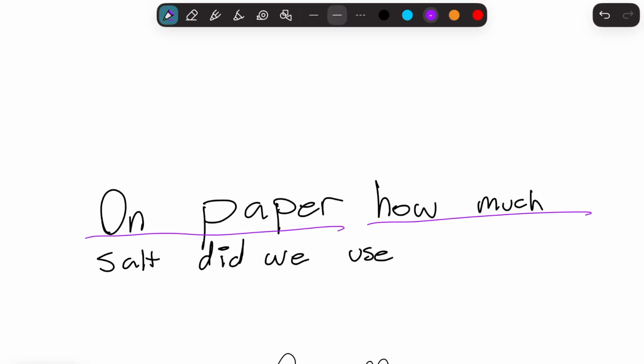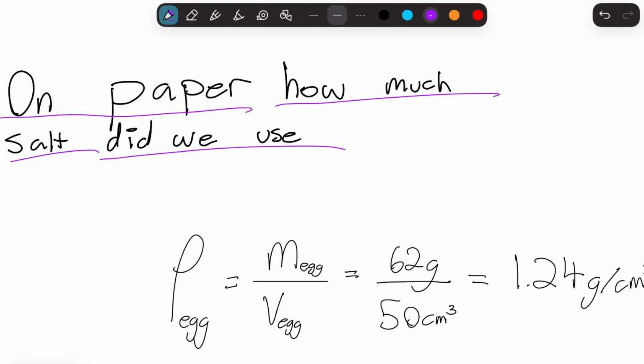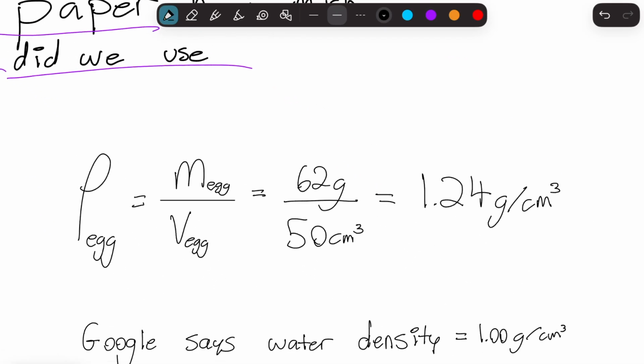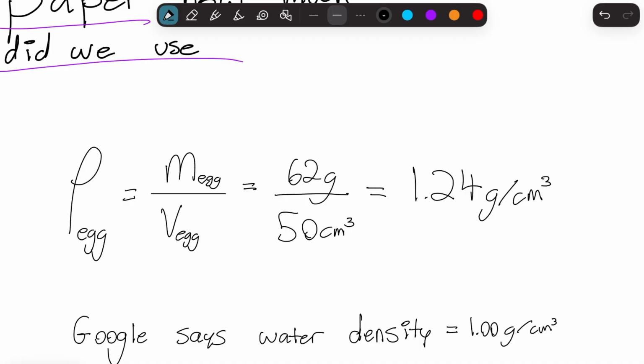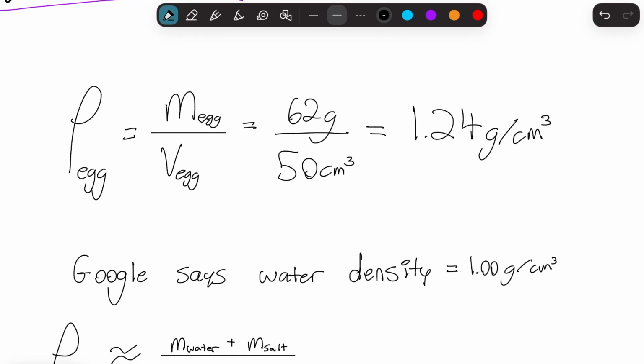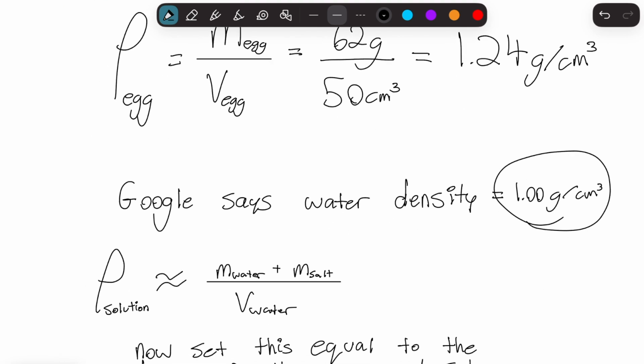On paper, how much salt did we use? You can see here that the density of the egg was about 1.24 grams per centimeter cubed. And Google says that the density of water is about 1 gram per centimeter cubed.